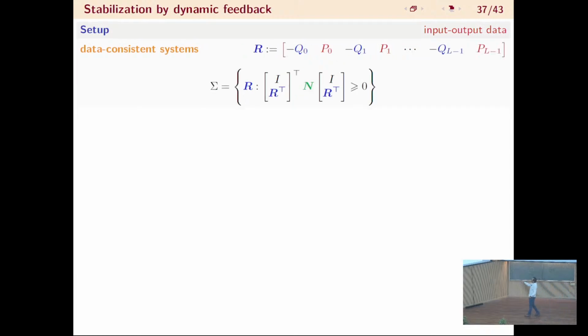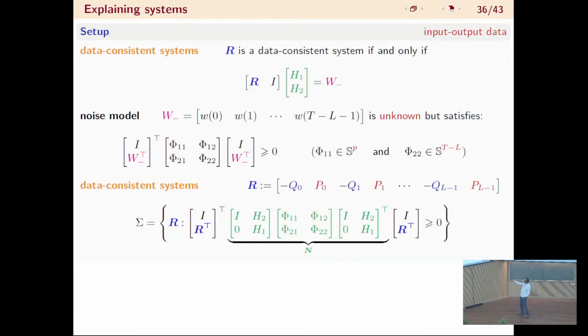So from now on, instead of writing this big matrix, I'm going to write N, a green N. And you may ask, why do I do that? Because these matrices become bigger and bigger, and yesterday night, at a certain point, they didn't fit on the slides. So that's why I started to give them some names to make them shorter.